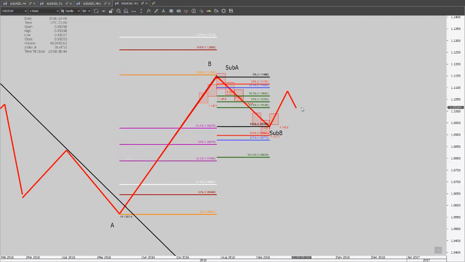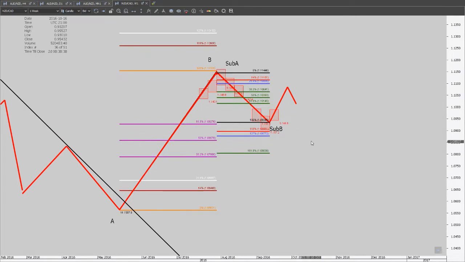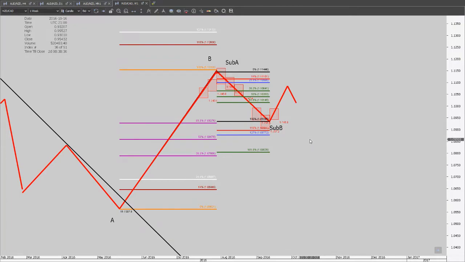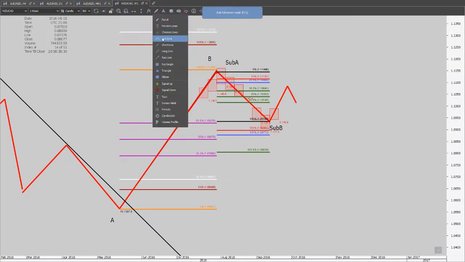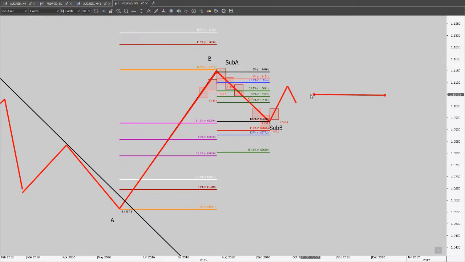Okay, so the market retraced inside the sub A and sub B. But, and now this is the challenging part, this retracement inside the sub A sub B boundary is maybe an extension of the original AB, right?